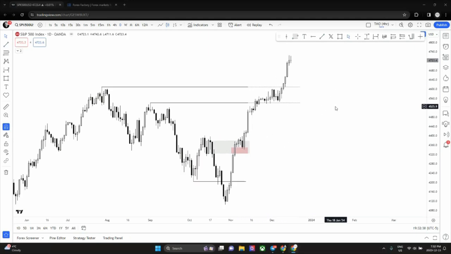If you're new, you need TradingView and you need Forex Factory. TradingView is where you read price, and Forex Factory is where we'll look for the times at which we should anticipate setups.